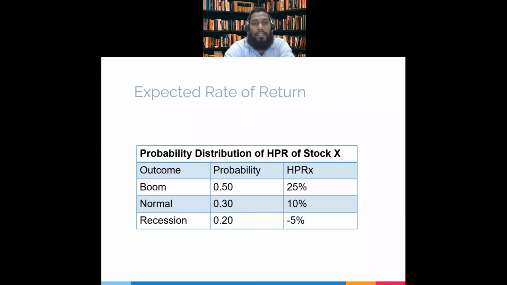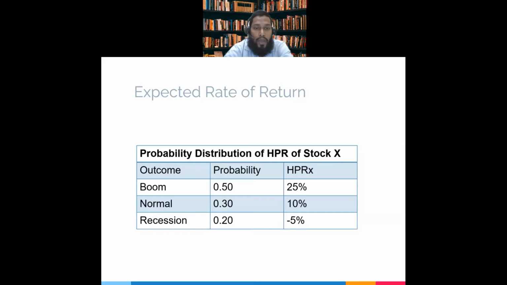So here is a table for expected rates of return. Let's say we have an asset, stock X, and this is the probability distribution of that. We assume there may be three situations in the future: either boom, normal, or recession.